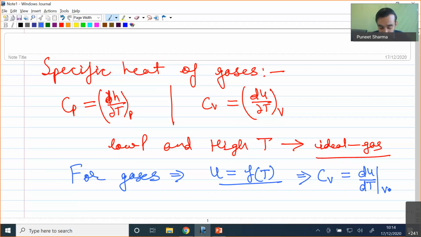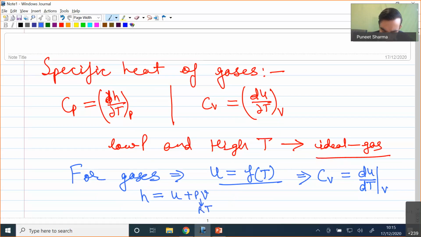Now let me go to the enthalpy. We have written that enthalpy is H equal to U plus PV. If our gas is following the ideal behavior, I can replace this PV with RT.